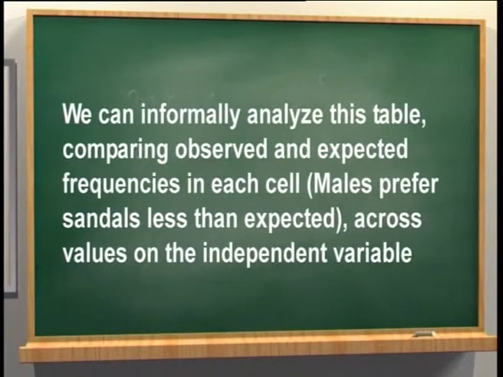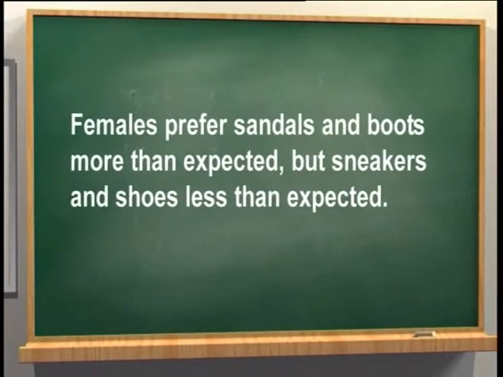We can informally analyze this table by comparing observed and expected frequencies in each cell across values on the independent variable or across values on the dependent variable. Females prefer sandals and boots more than expected, but sneakers and shoes less than expected.